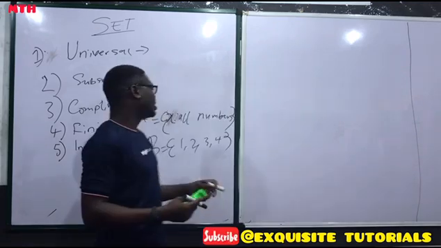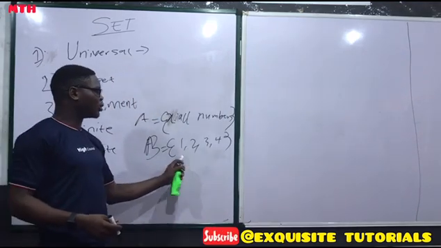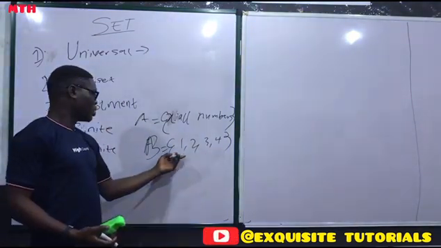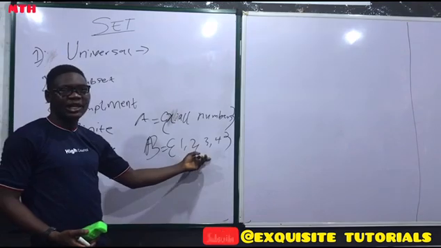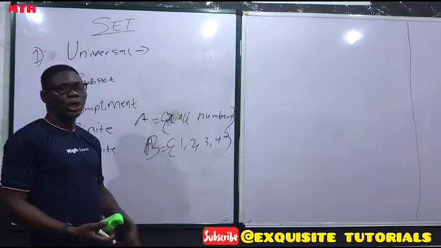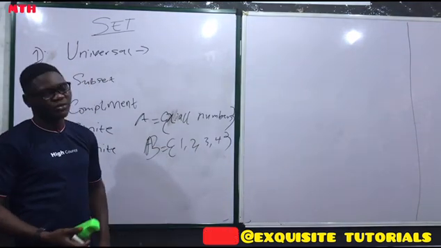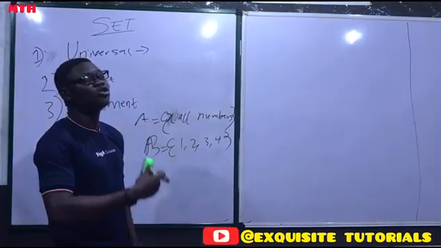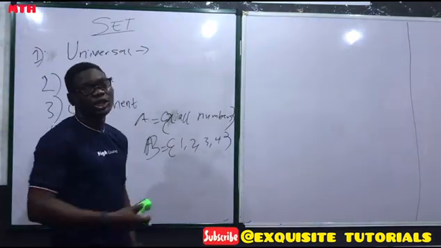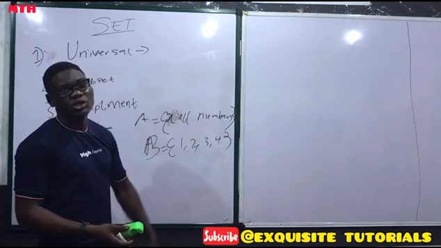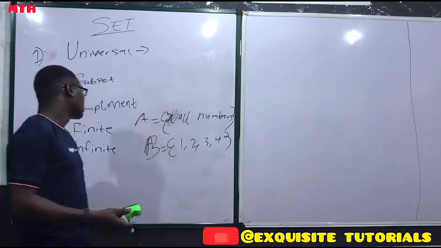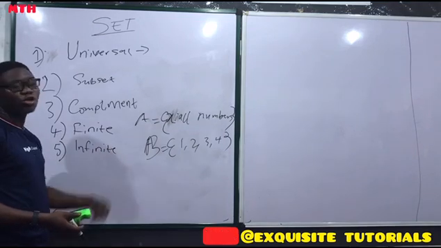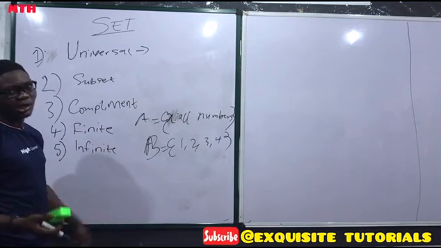Because I know the starting of these numbers, it started at 1 and it's going to end at 4, and I know the numbers here, I will call this a finite set. But for A, the question is, how do you know all numbers? If you want to list all numbers, you will list 1, 2, 3, 4, 5, 6, 7, 8 till you are tired. You will never get the ending. So it is impossible to list all numbers. So this set here is actually infinite because we do not know how many elements are there.